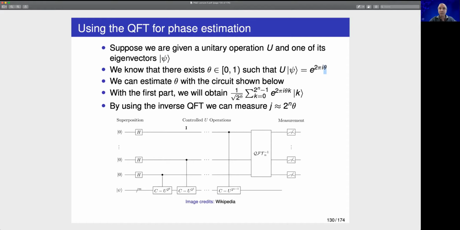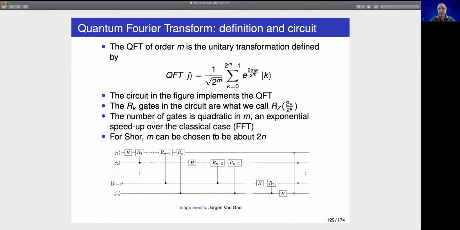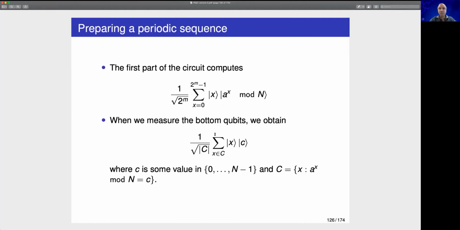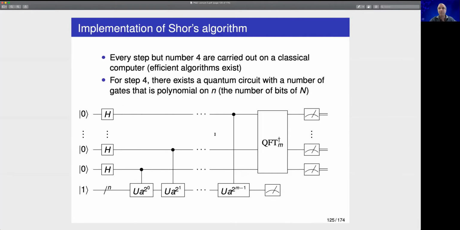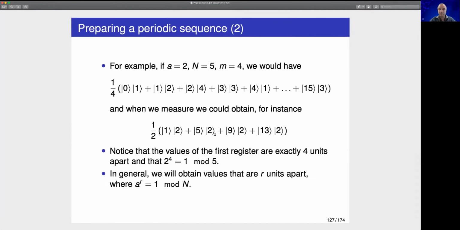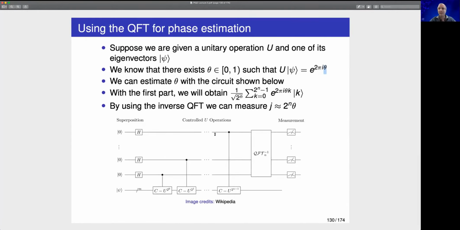And this is something that we can do with this circuit here, which you can see is very, very similar to the circuit that we have for Shor's algorithm. And in fact, I will show that Shor's algorithm is a particular case of the quantum phase estimation algorithm. Okay, so why does this quantum phase estimation algorithm work?